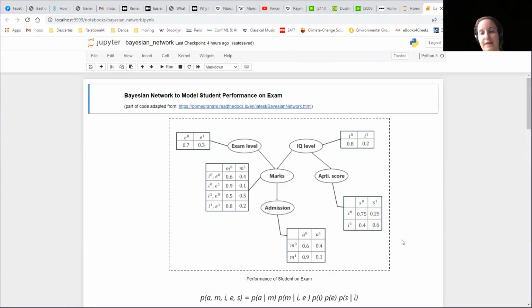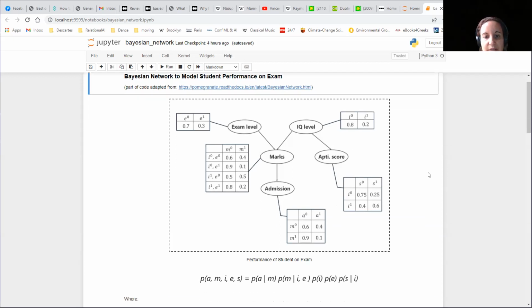information from both the previous and this tutorial, like defining these graphs. So first, I'm going to define the Bayesian network, a directed graphical model that describes whether a student or not is admitted based on some other variables, basically the student's marks, the exam level, the IQ level, basically how good the student is, as well as a different variable that we have there.